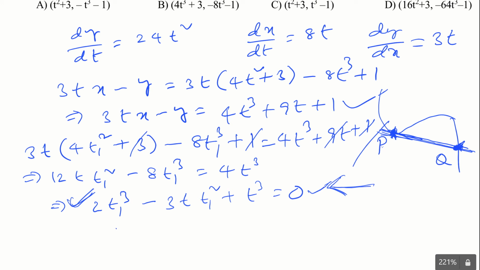If I go for the product of the roots, I have the product of the roots as minus t cube by 2. Two of the roots are nothing but t's, one root is t1, so this is t1 into t square. So I understand t1 is nothing but minus t by 2.